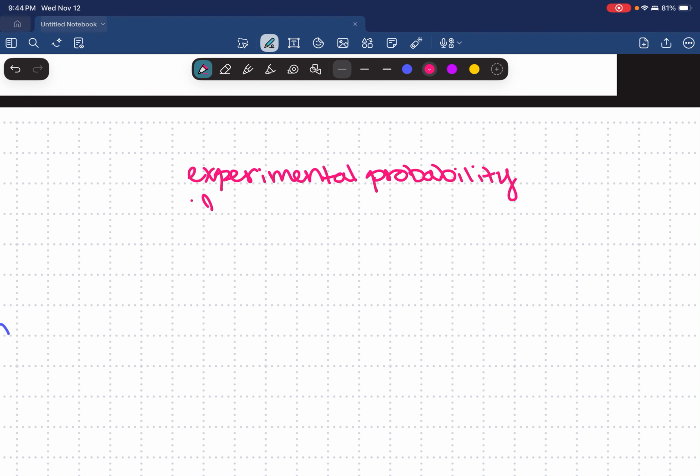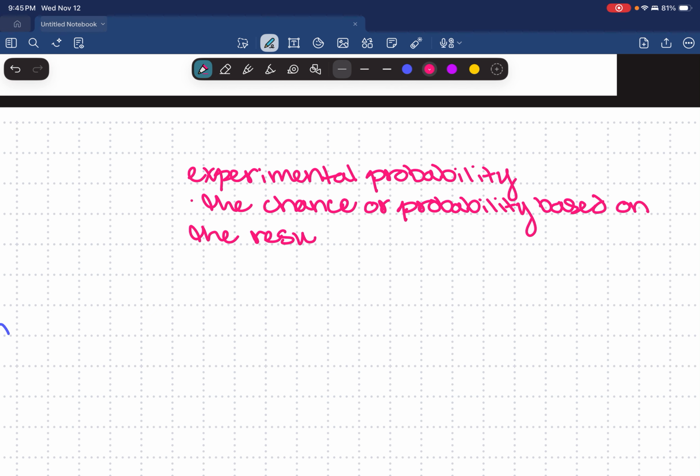So the chance or probability based on the results of my trials, experiments, or simulations.